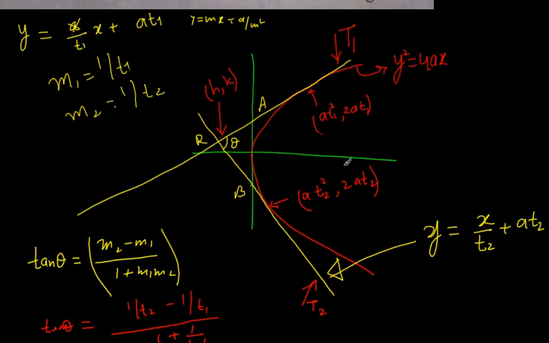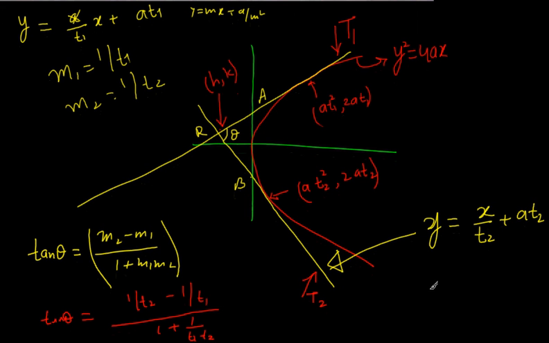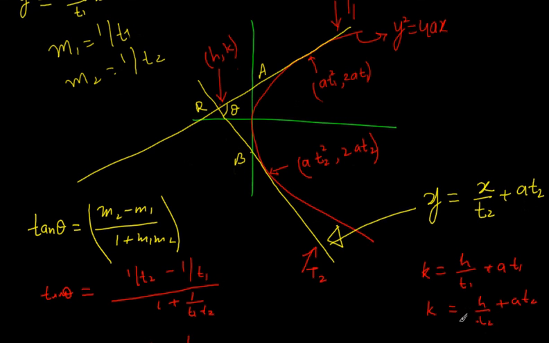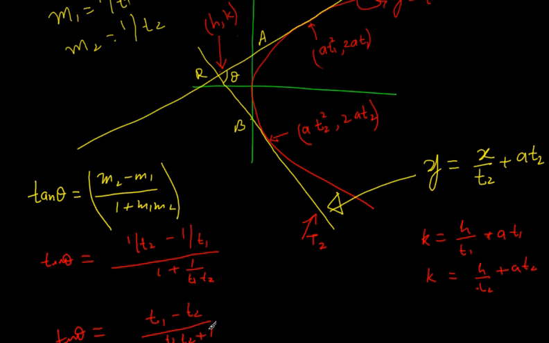If these two equations pass through h and k, they will be satisfied by the hk values. So we have k is equal to h by t1 plus a t1, and k is equal to h by t2 plus a t2.